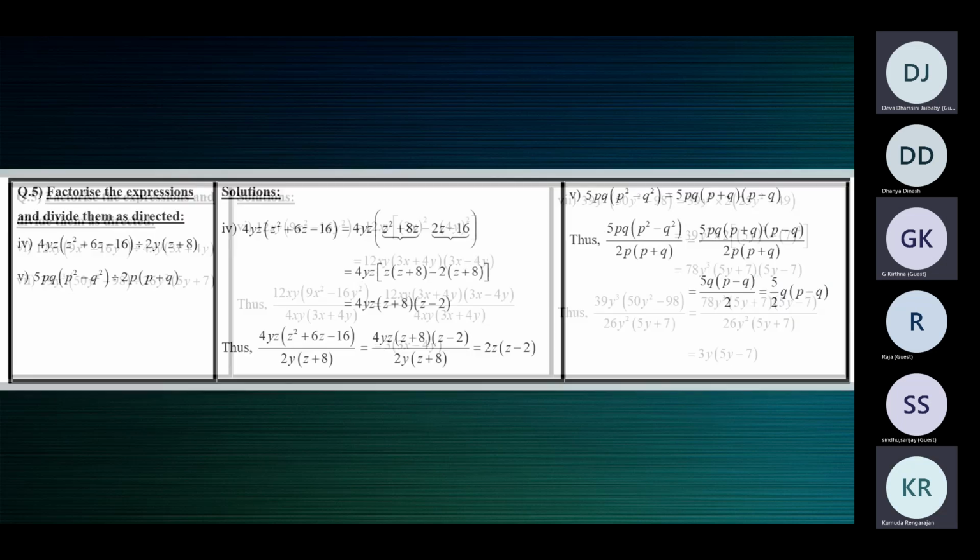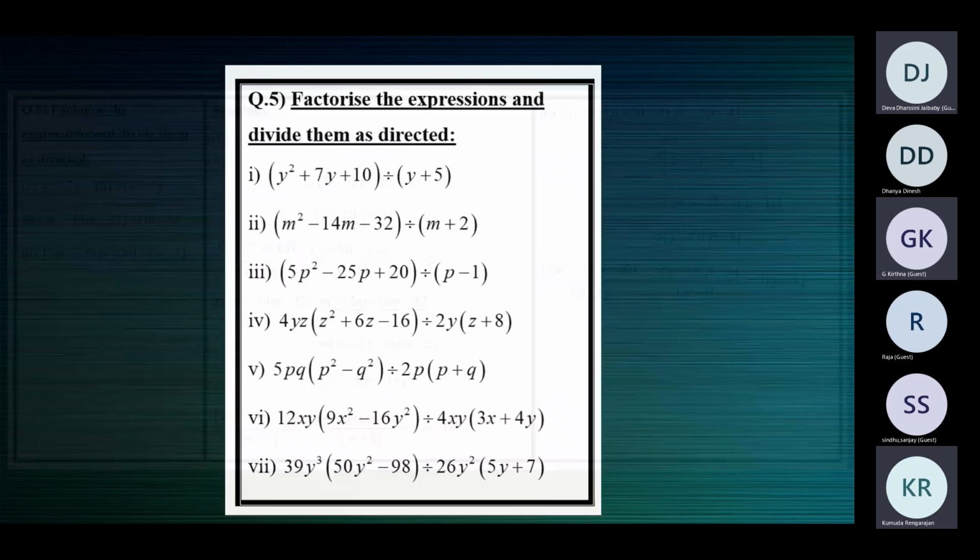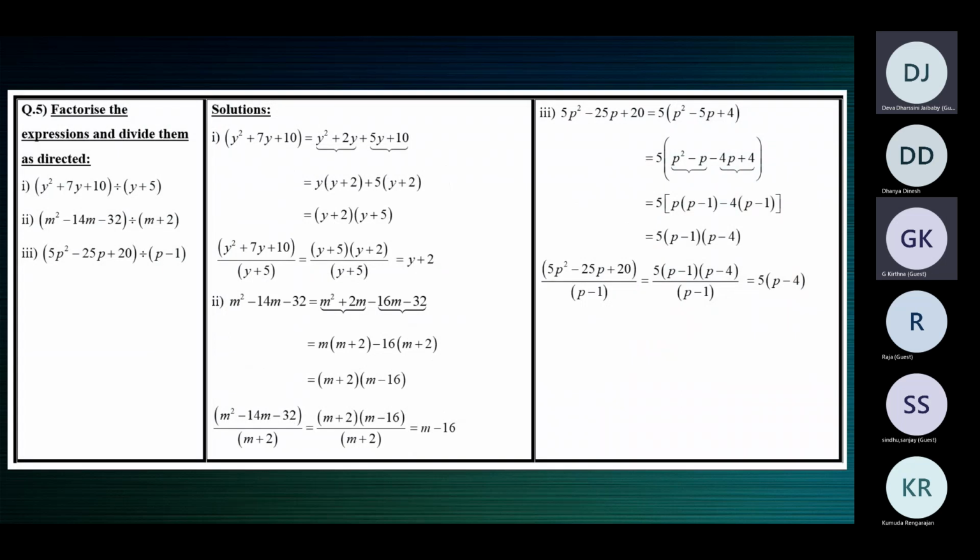So let's see all of them again. In the first one and the second one, we had to take up the numerator and split the middle term. In the third one also we had to split the middle term for the numerator, but after taking 5 common.